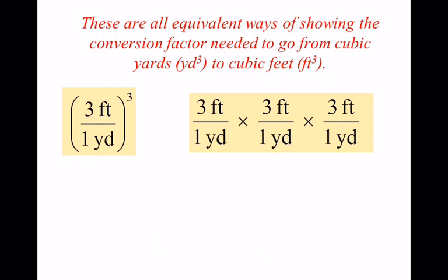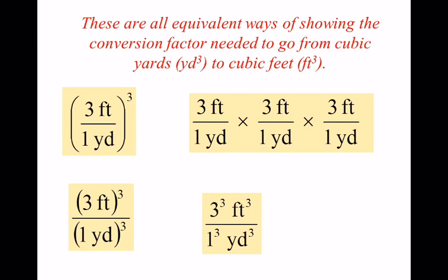So if we're going to do that conversion, we have to take 3 terms of 3 feet over 1 yard. Remember that you end up with 3 cubed, which is 3 times 3 times 3, so it's 27.